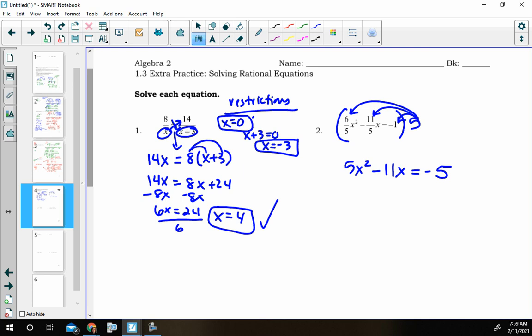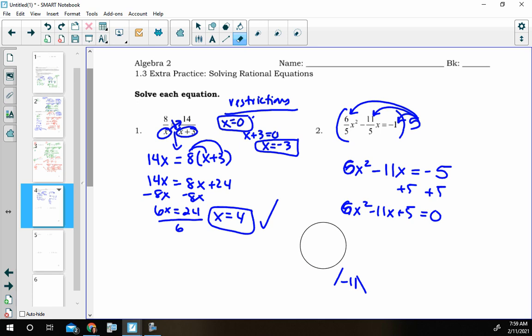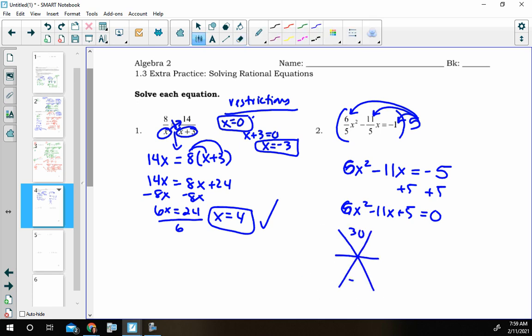So I've got x squared, x, and a number, which means I'm going to end up factoring. So I'm going to add 5. And now I'm going to snowflake. So a times c is 25. We got -11. Oh, wait, that's a 6. Here we go. I was going to say, so a times c is 30. -11, 6x and 6x.